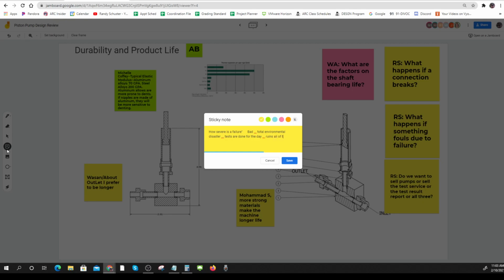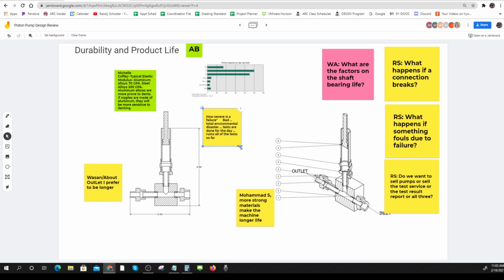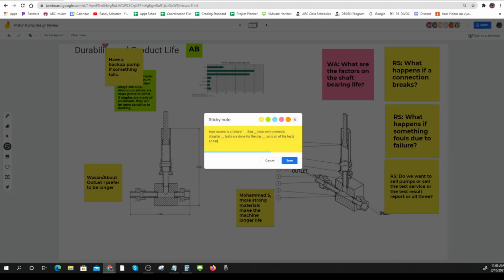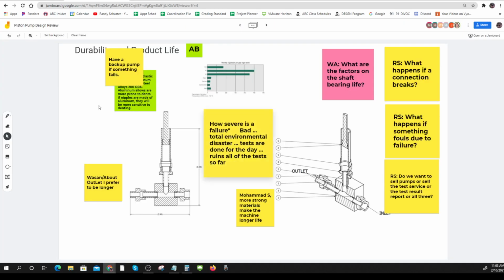Ruins all of the tests so far. These are things that I could think of that if something happens. So which one of those is it, right? You'll want to think about that. So it's not a total environmental disaster. Maybe tests are done for the day. It certainly doesn't ruin all the tests. Or maybe, yeah, a backup pump. Have a backup pump if something fails. Who put that? Be sure to put your initials on there.